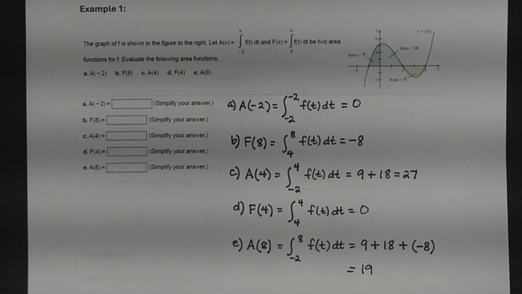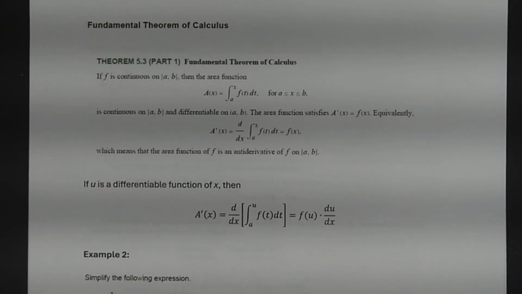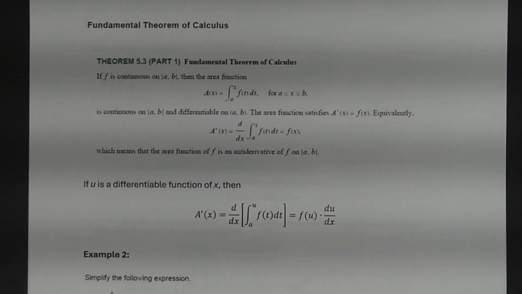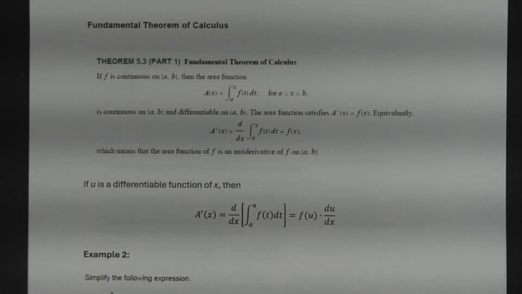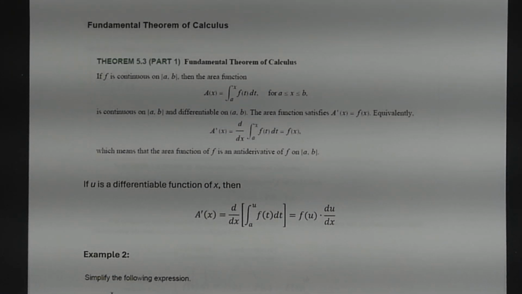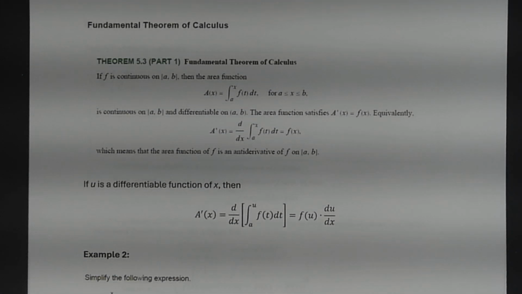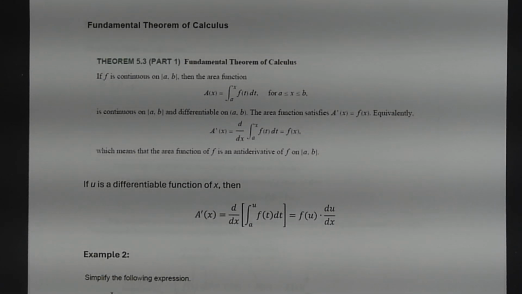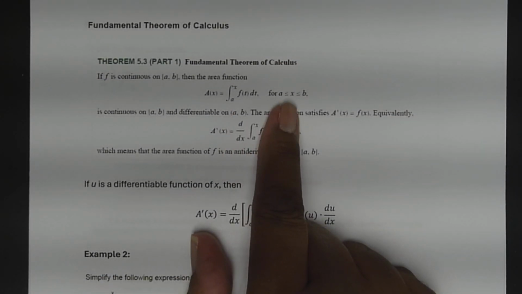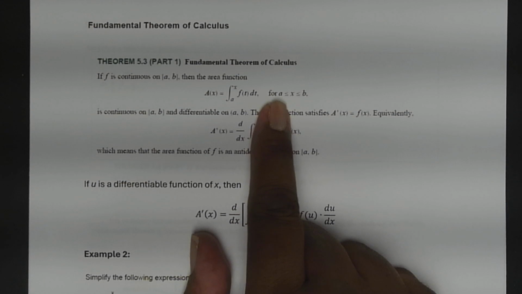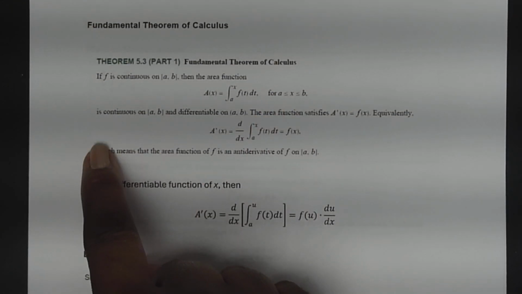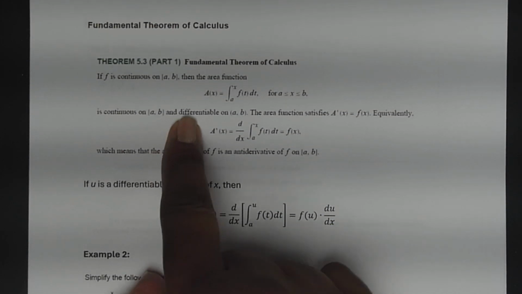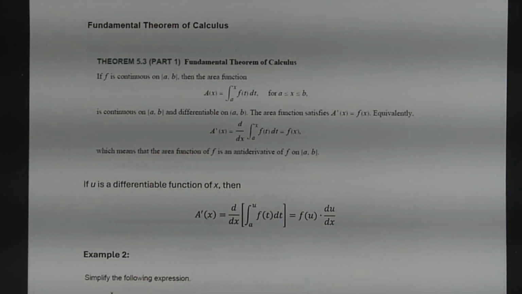All right, next we'll look at the Fundamental Theorem of Calculus, and there are two parts that we will look at. Part 1 is going to be this. If f is continuous on the closed interval [a, b], then the area function A of x, equal to the integral from a to x of f of t dt for x greater than or equal to a and less than or equal to b, is continuous on [a, b] and differentiable on the open interval (a, b).